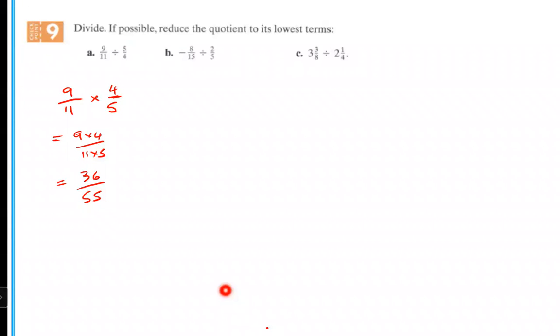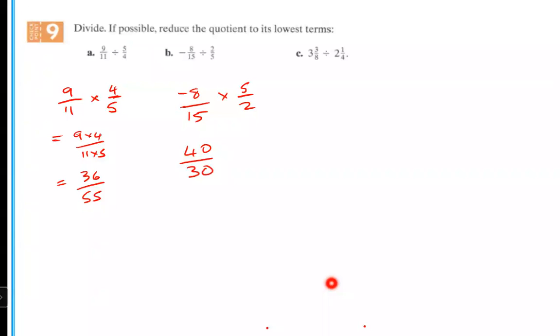Let me see now, Miss Nairn, the next one. Okay, so I did negative 8 over 15 multiplied by 5 over 2, equals negative 40 over 30.